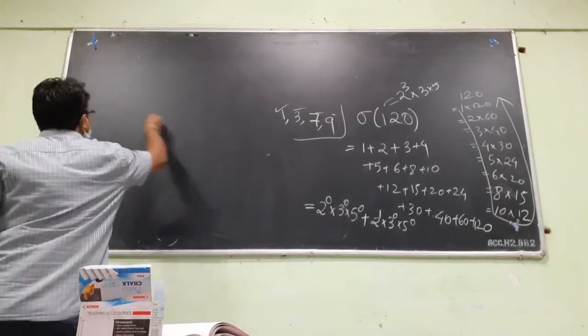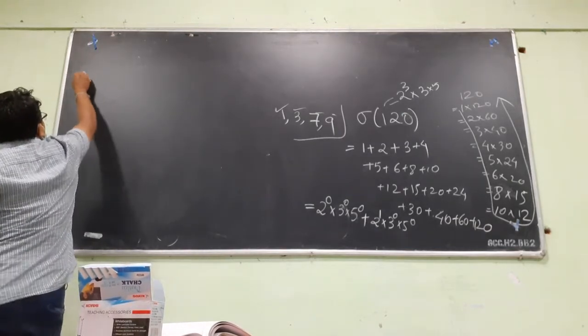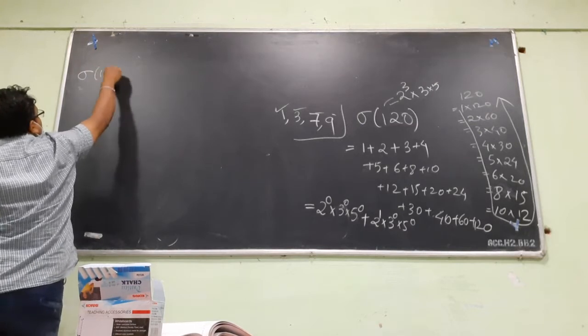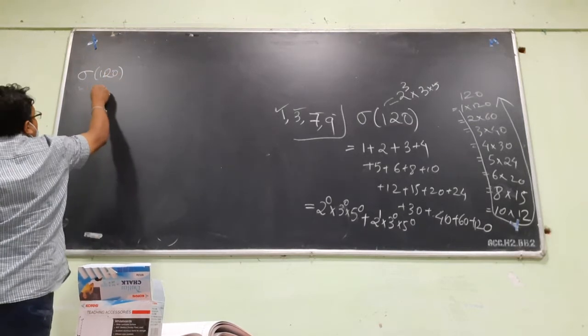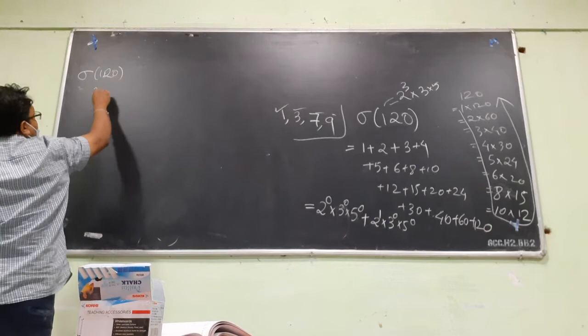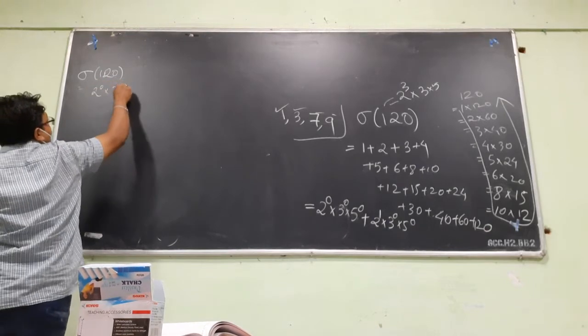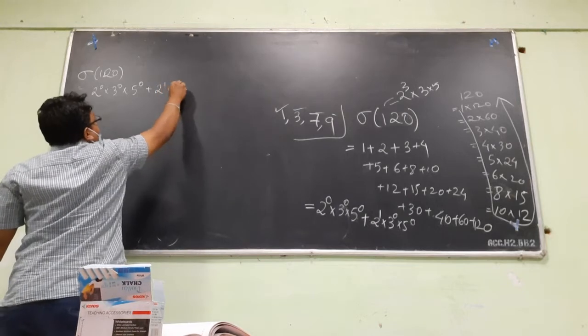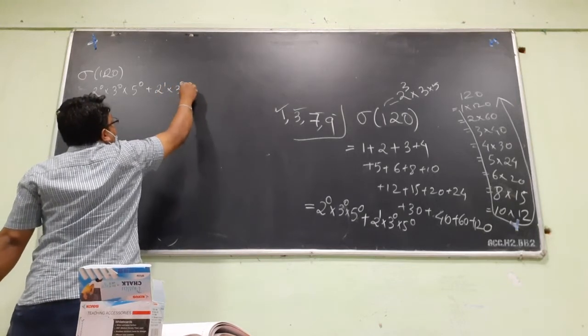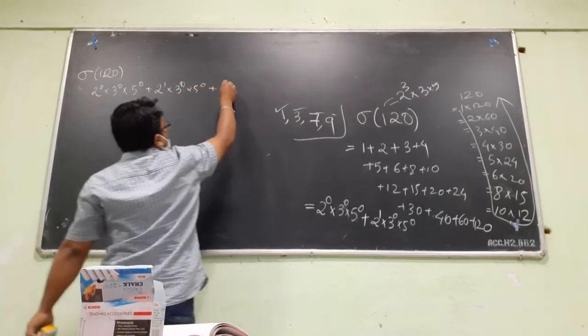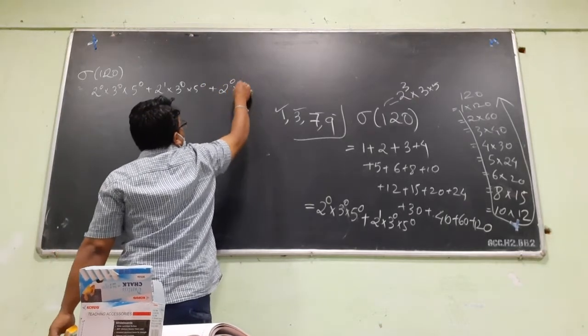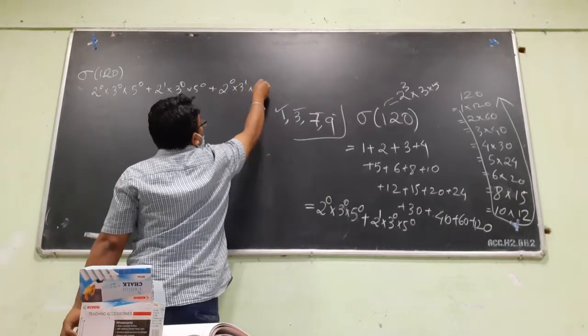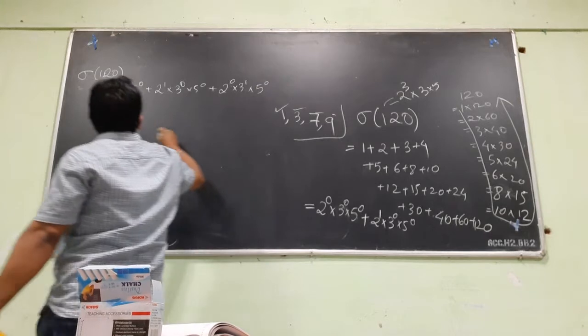Okay, so first one is here. So sigma of 120 will be 1 plus, so 1 I can write as 2 to the power 0, 3 to the power 0, 5 to the power 0. 2 can be written as 2 to the power 1 into 3 to the power 0 into 5 to the power 0. 3 can be written as 2 to the power 0, 3 to the power 1 into 5 to the power 0.